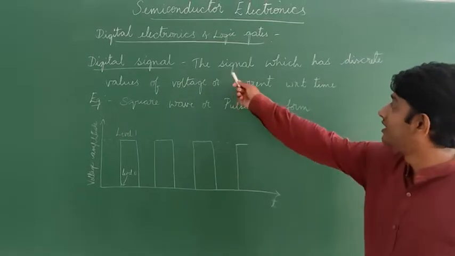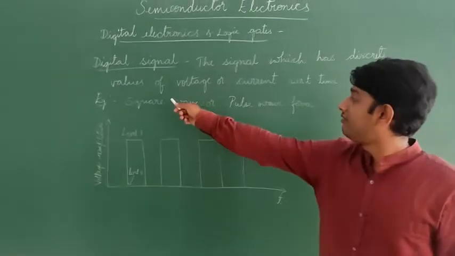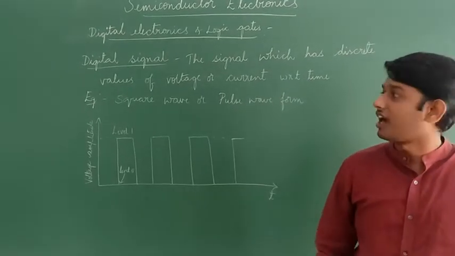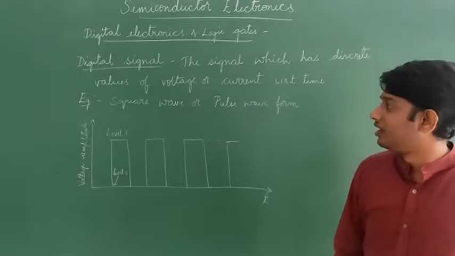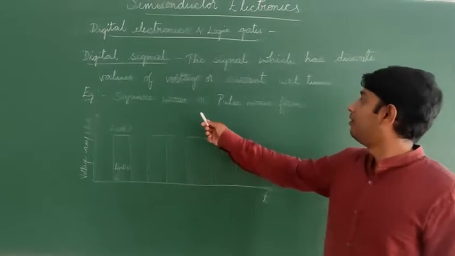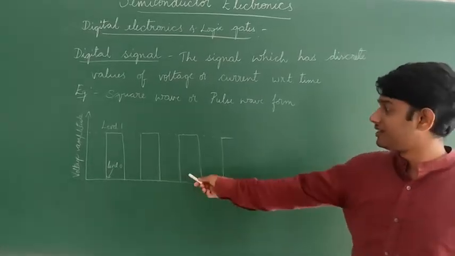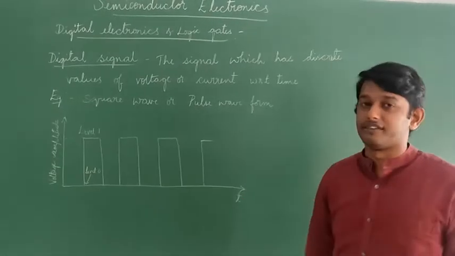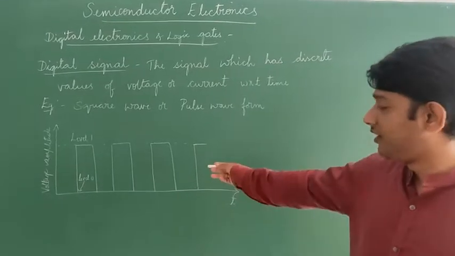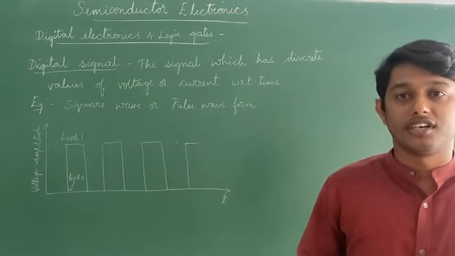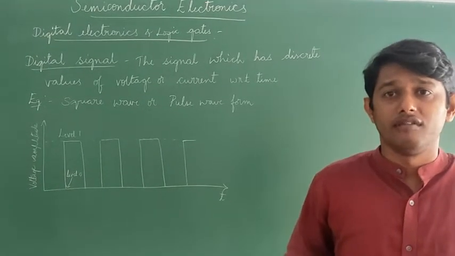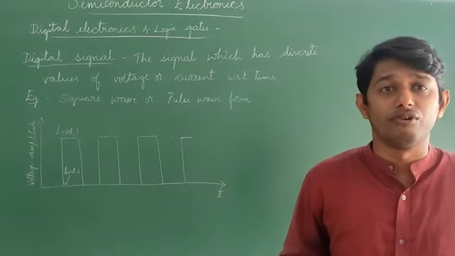The example for this digital signal is square wave or pulse waveform. This figure shows a pulse waveform or square wave which has only discrete values of voltage.